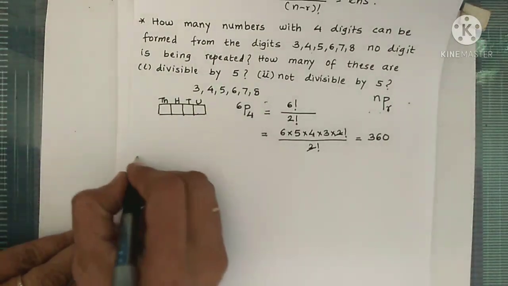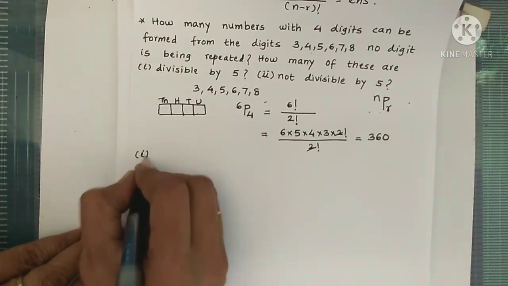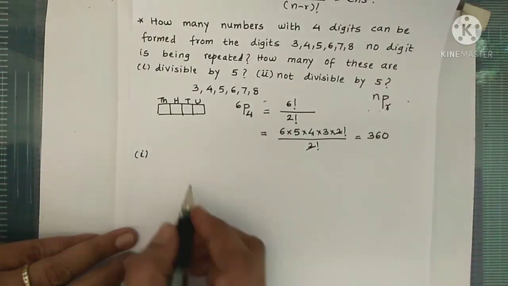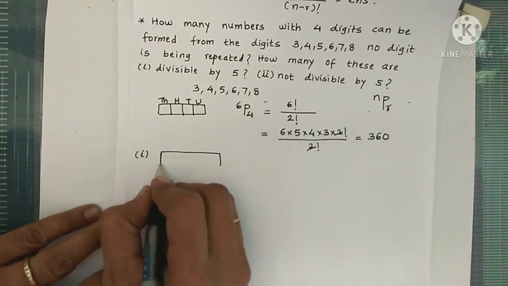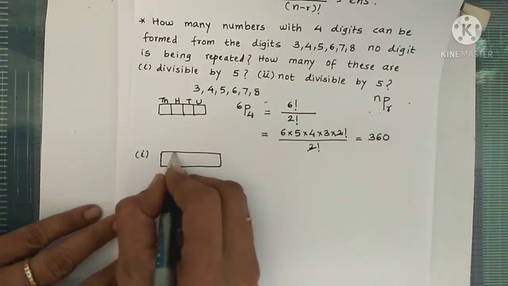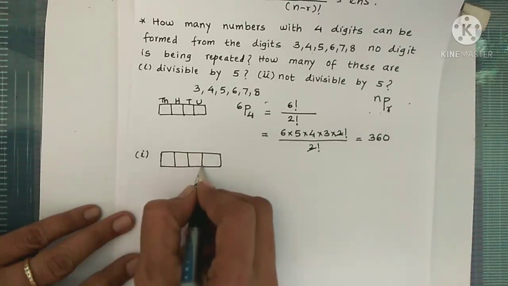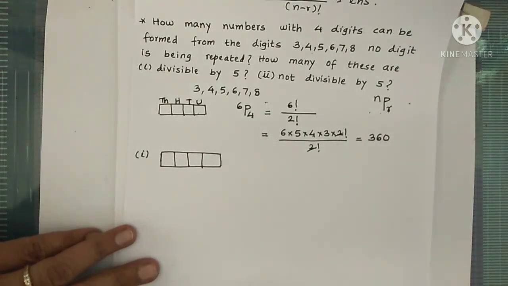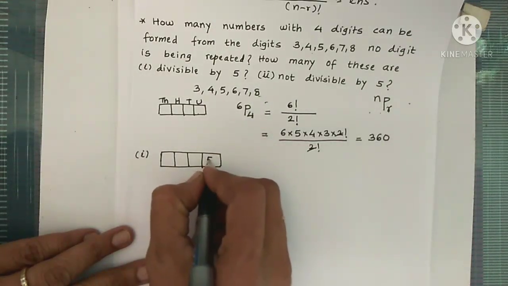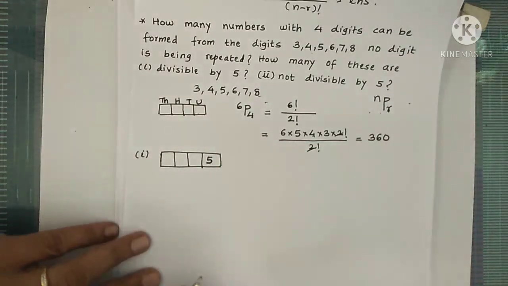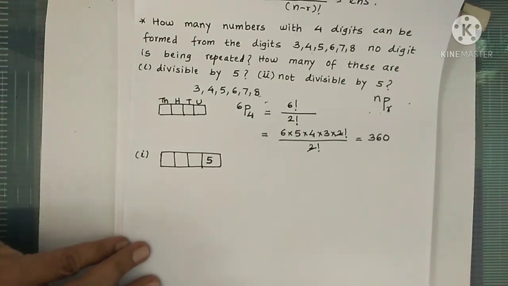Okay. Now let's go for the first question. We want the numbers which are divisible by 5. Now a number is divisible by 5 only when the units place contains 0 or 5. But 0 is not given here, so only 5 is given. So we have to fill the units place with 5 only.